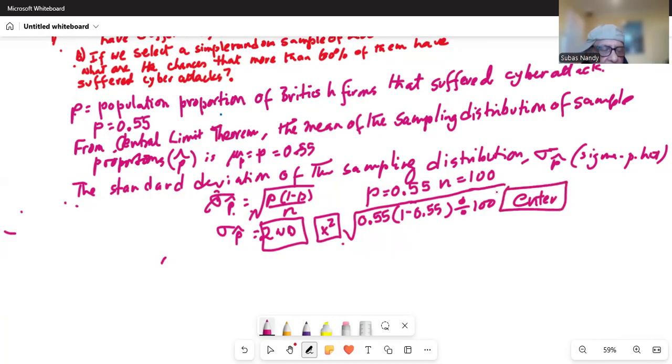So that's exactly what I will do. Second, x square gives me the square root.